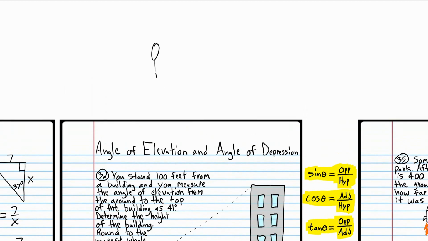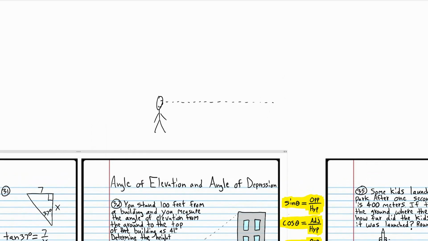So let's say that you're walking down the street and you're looking straight ahead, but then there's a bird that flies over your head, or flies up here. Can't really draw a bird. And you look up. You start from the horizontal and you look up to the bird.